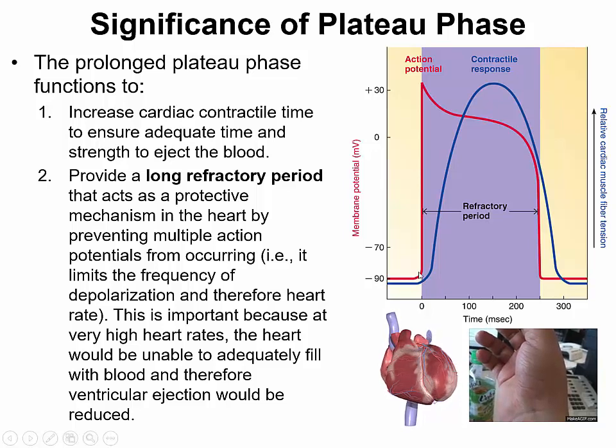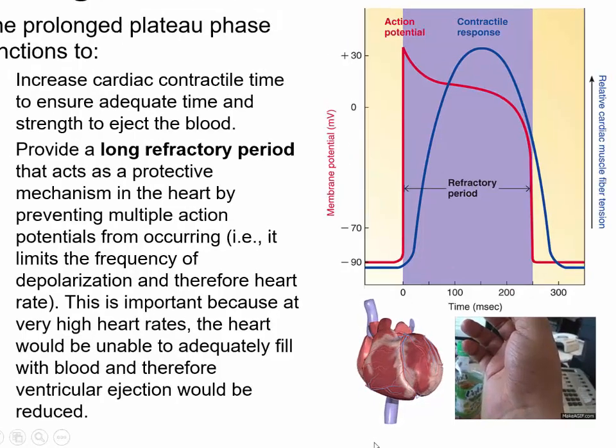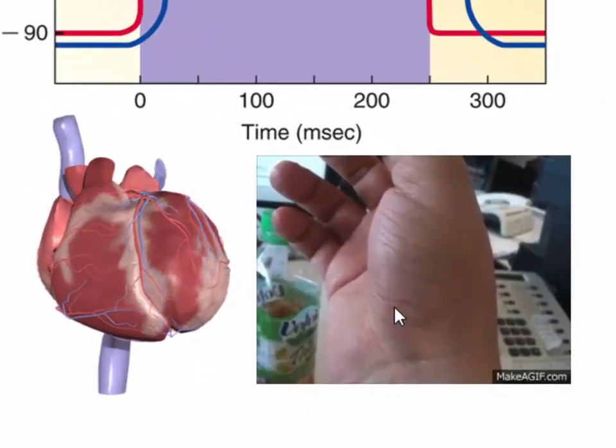On a twitch, you have depolarization and then rapid repolarization. If that happened with the contractile cells, they would contract very quickly and then relax. We don't see that with contractile cells, because that wouldn't move the blood through the heart. You need to contract for a longer period of time and then relax in order to have the movement of blood. A twitch wouldn't do that, as shown here.